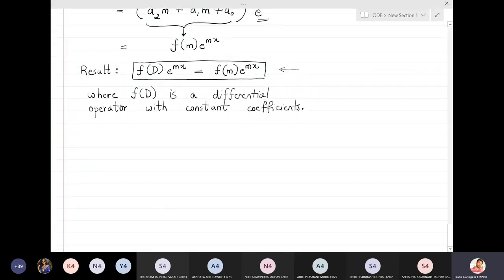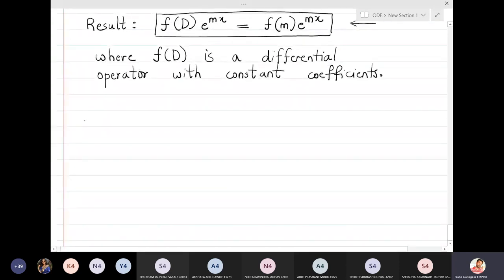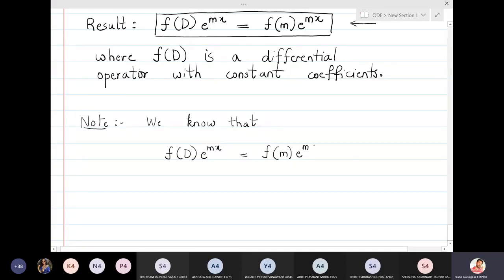So let's write a note now. We know from the above result that f(D) e raised to mx is equal to f(m) e raised to mx.